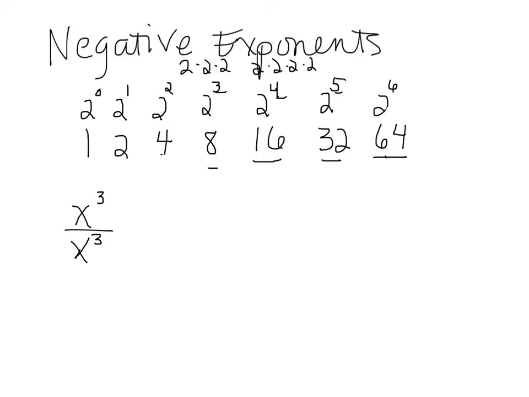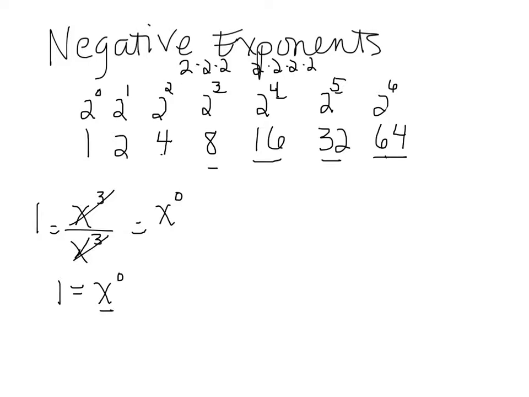So this is the same as x to the 3 minus 3, or x to the 0. We also know that any number divided by itself is equal to 1. All of those x's drop out. Therefore, any number, that's what x means, to the 0 power is 1.